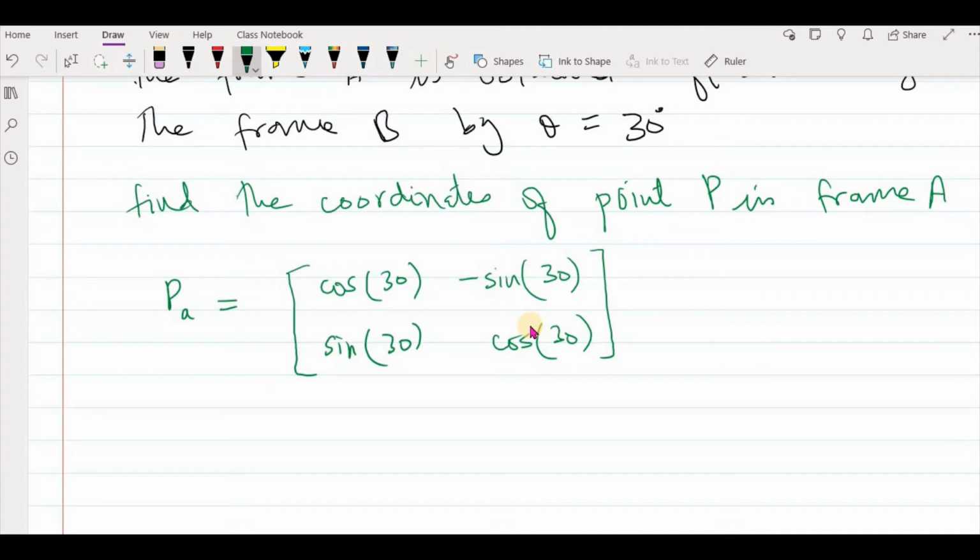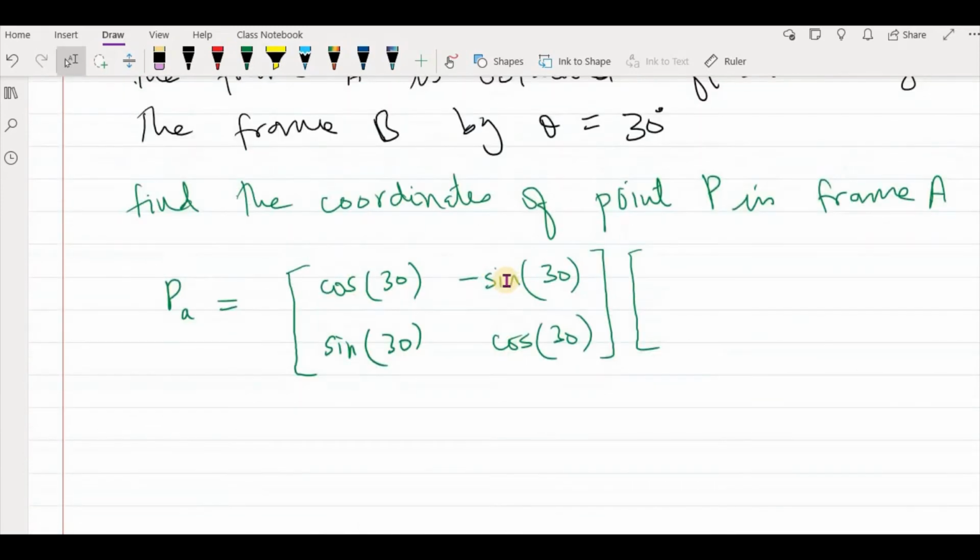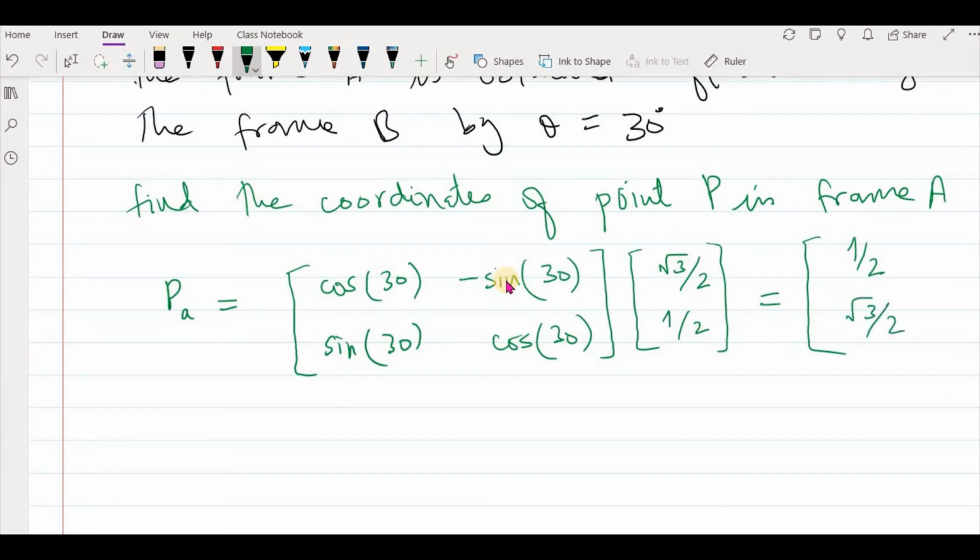Okay, and when you multiply it with the position vector, which is root 3 by 2 and 1 by 2, then you will get this answer, 1 by 2 and root 3 by 2. So this will be the new coordinates of the point P in frame A.